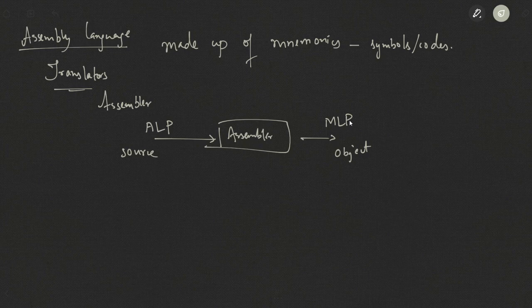So this is the second generation. The first and the second generation language, that's the machine language and the assembly language, together they are known as the low level language. Then came the high level language, what are also referred to as the third generation and the fourth generation language.